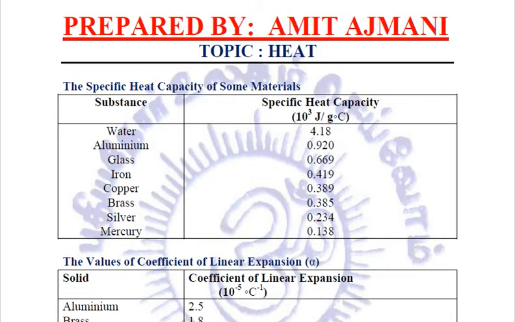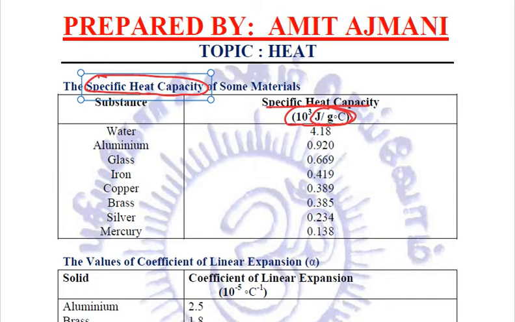Now there are certain values which are given to us. We need to relate these values. First of all, there is a tabular presentation in which we are given the specific heat capacity of certain materials. Specific heat capacity is expressed in joules per gram degree Celsius, and the values are taken in 10 to the power 3 joules per gram degree Celsius.